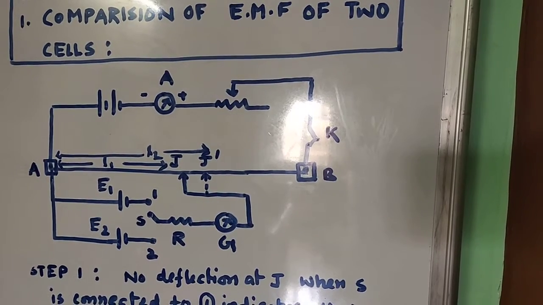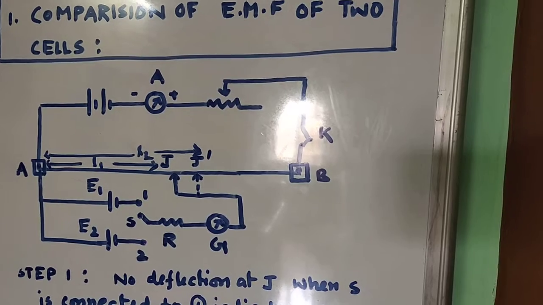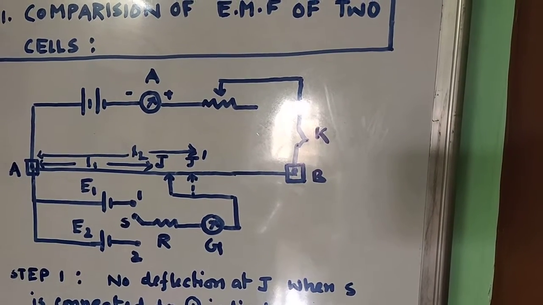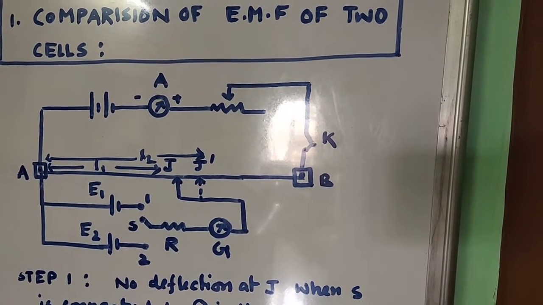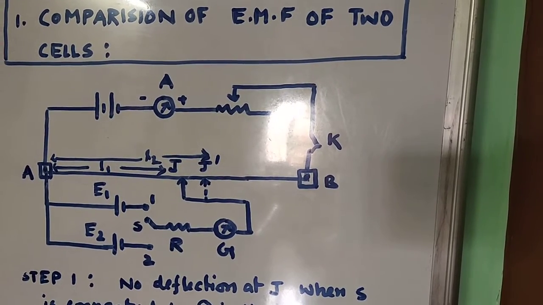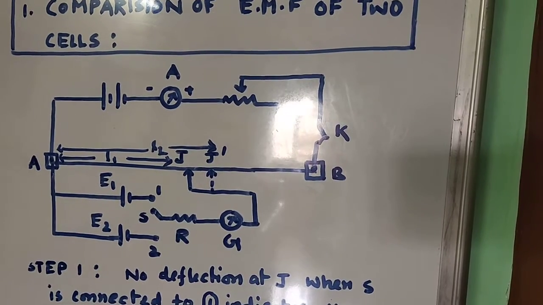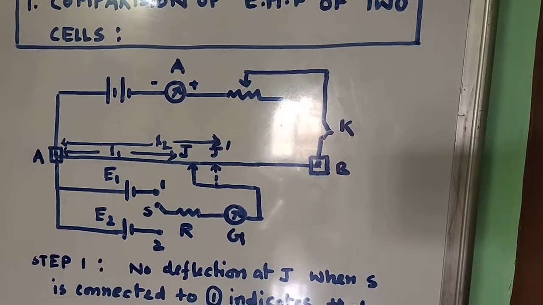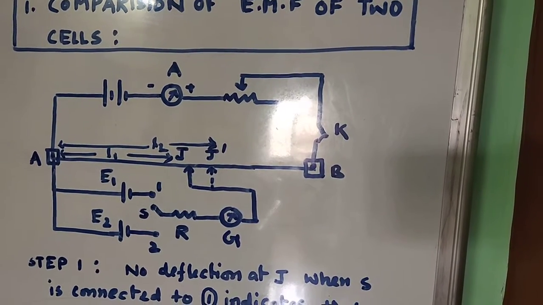Under that condition we use the principle of potentiometer, that potential difference is directly proportional to the length. So if V_AJ is the potential difference for the length of wire L1, then V_AJ equals K L1. Secondly, we disconnect S from 1 and connect S with 2, and repeat the same thing to find the null point.